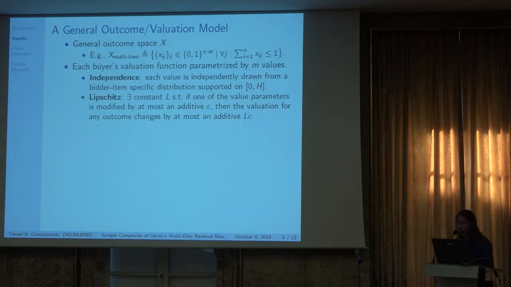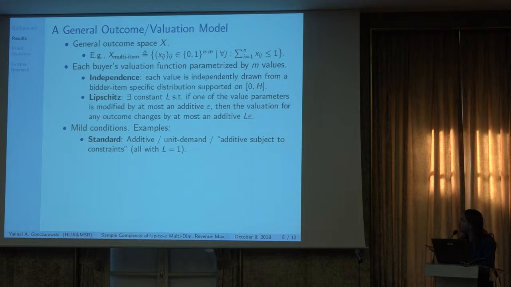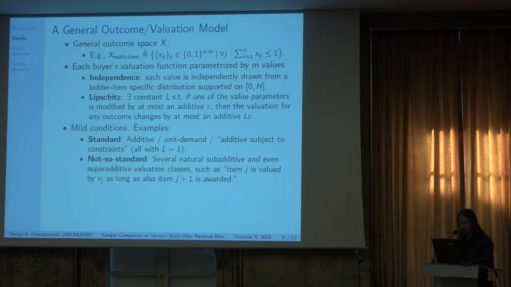By that I mean that if I fudge the value of one of these parameters by at most epsilon, then the valuation of any outcome would move by at most L times epsilon. So these are quite mild conditions. They encapsulate all of the standard additive, unit demand, additive subject to constraints settings, for whoever is familiar with this, all of them with Lipschitz constant 1.